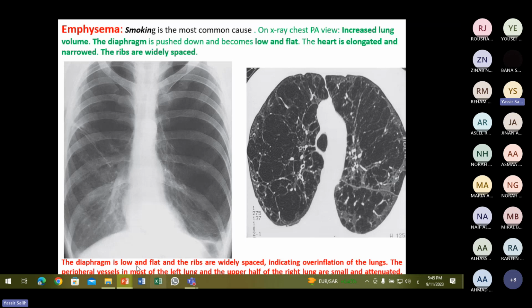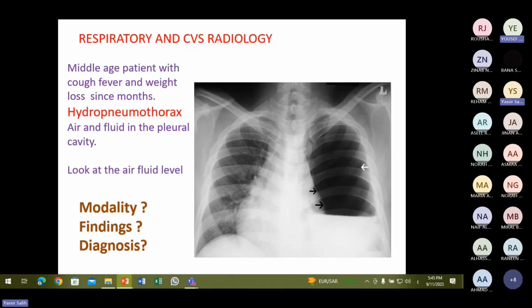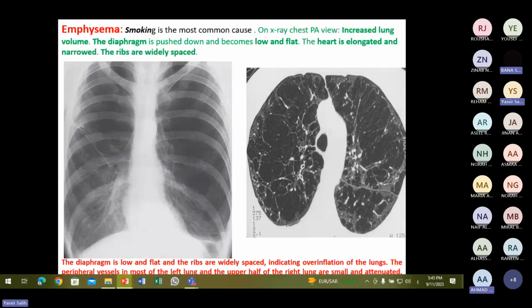What about the heart? Is it normal? Does it look normal? Compare it with the previous one. No. As if it's... Yes, the heart is elongated. It looks elongated and compressed, narrowed and elongated.